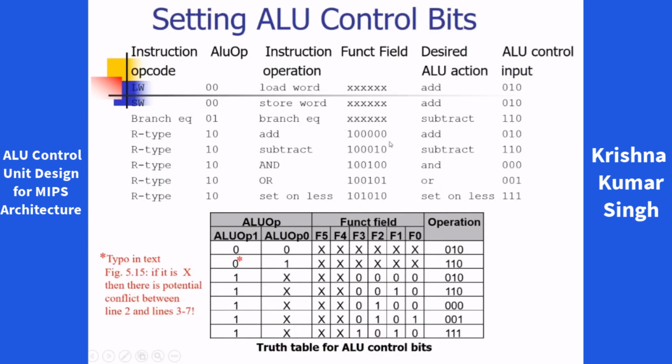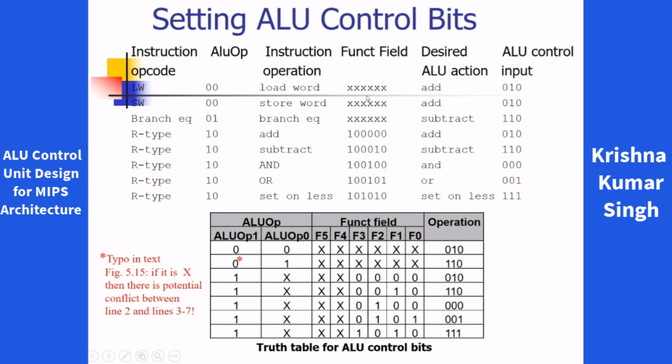So let's create a table for all of the inputs and outputs of the ALU control. If the instruction opcode is load word, then the control unit generates an ALU operation of 2 bits, 00. And we don't have a function field for load word, so it is considered as don't care.